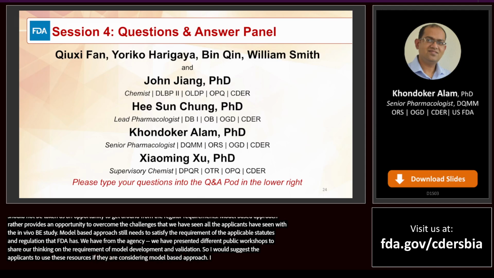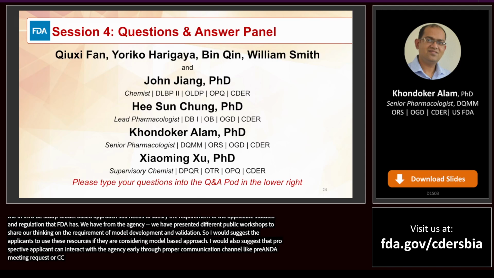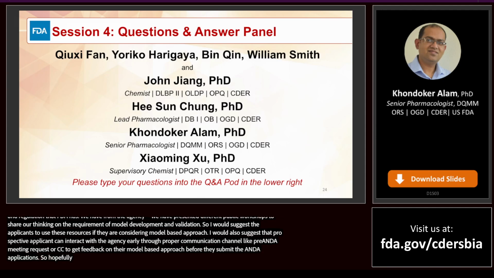I would also suggest that prospective applicants interact with the agency early through proper communication channels like a pre-ANDA meeting request or CC to get feedback on their model-based approach before they submit the ANDA. Hopefully my response is helpful to the audience to some extent. Thank you.